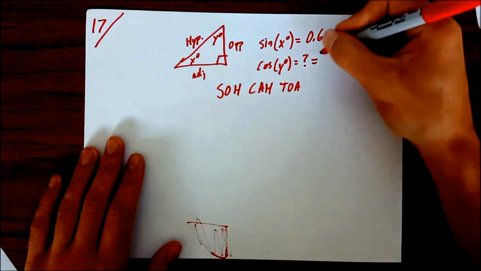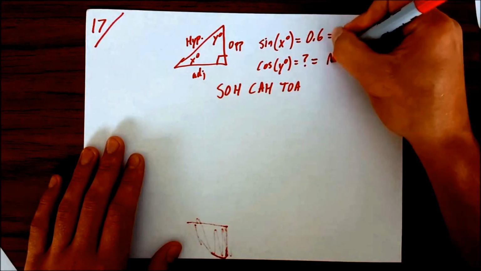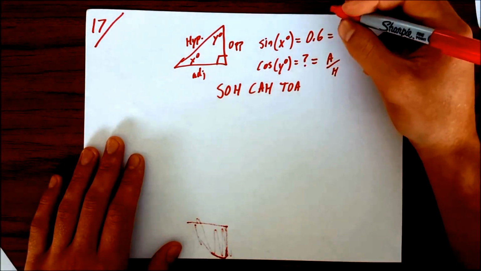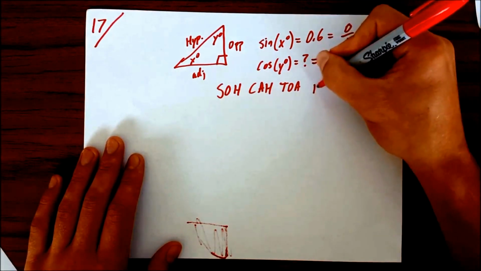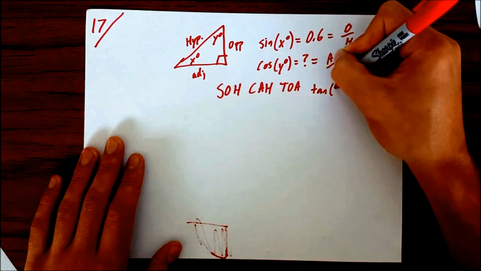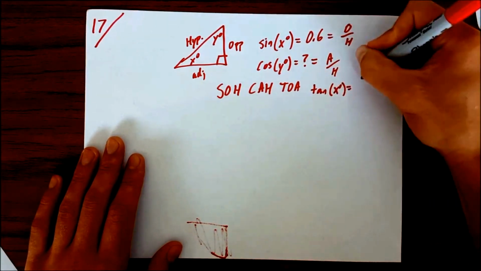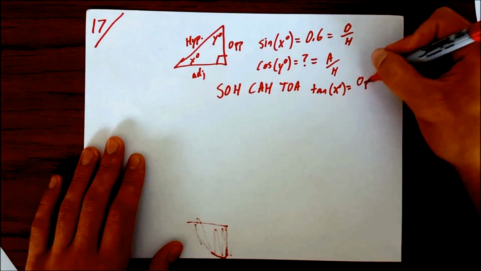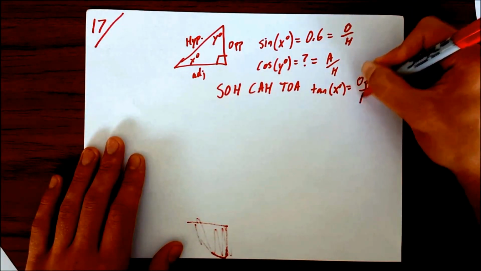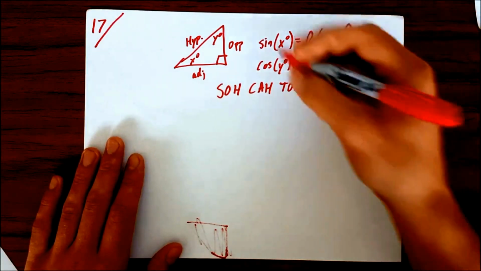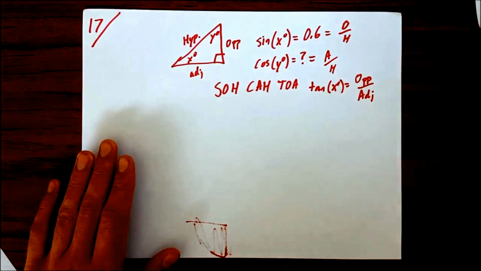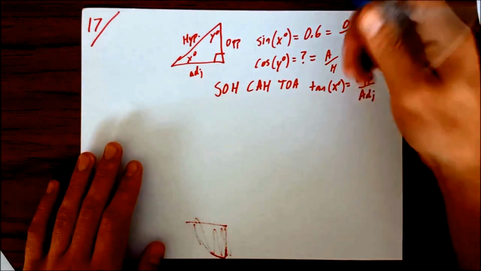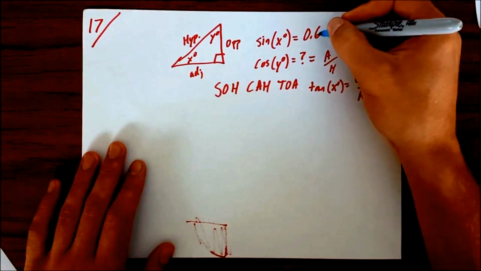So sine is opposite over hypotenuse, cosine is the adjacent divided by hypotenuse, and tangent of, say, X degrees would be the opposite divided by the adjacent length.